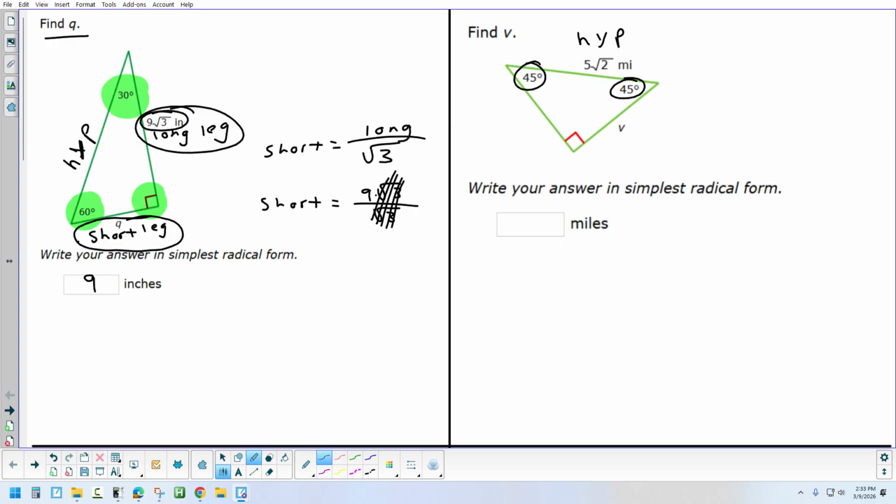And what do we call the other 2 sides? There's not a short one and a long one. We just call them legs. Leg, leg. There is no short, there is no long. They're the same. Okay? So our goal is to find the leg using the hypotenuse. Let's look up if we have a formula for that.